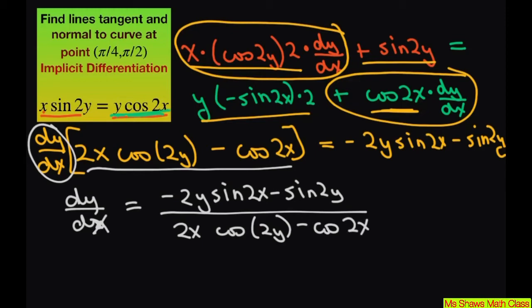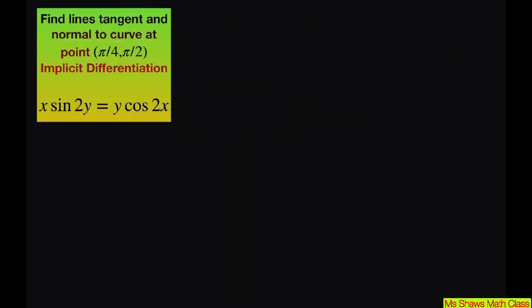All right, now from here, we're going to look at our slope and plug everything in. So let's do that. We have this equals negative, and I'm pulling out a negative.